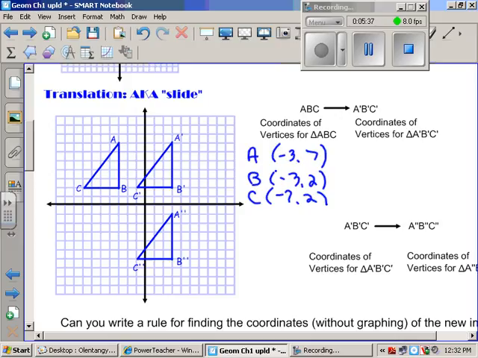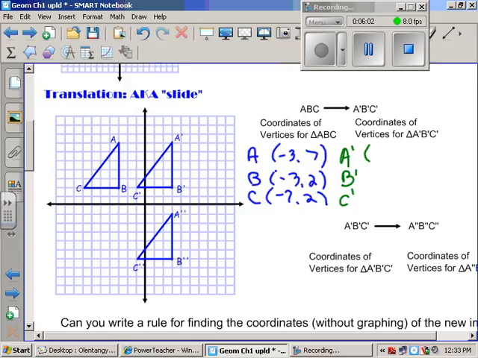The image then would be A prime, B prime, C prime, right? And those points, would that be the one on the right or the one below? The one on the right, exactly, because it's the A prime, B prime, C prime. So the A prime, I'm just going to write them off because it's hard to see.